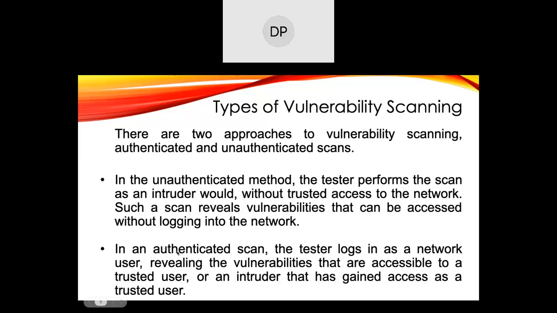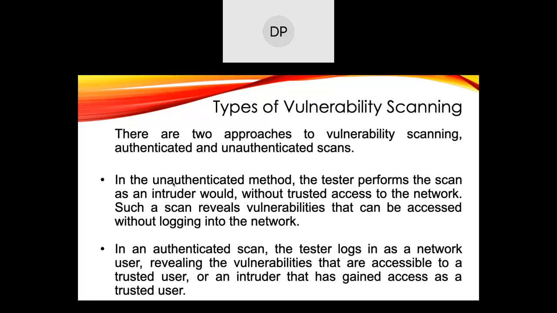In an authenticated scan, the tester logs in as a network user, revealing the vulnerabilities that are accessible to a trusted user or an intruder that has gained access as a trusted user. That means ethical hackers usually do authenticated scans and black hat hackers do unauthenticated scans.